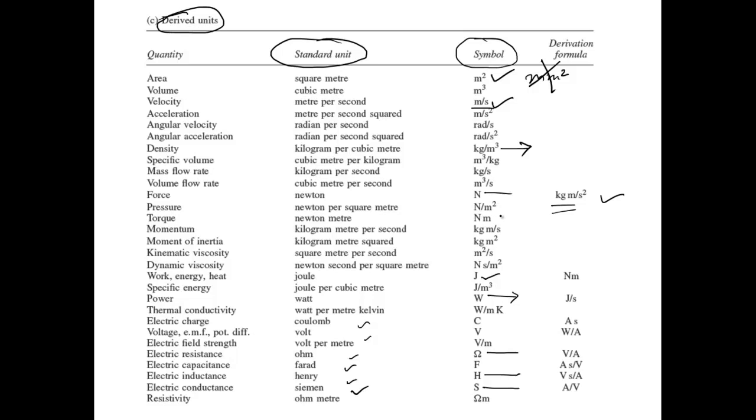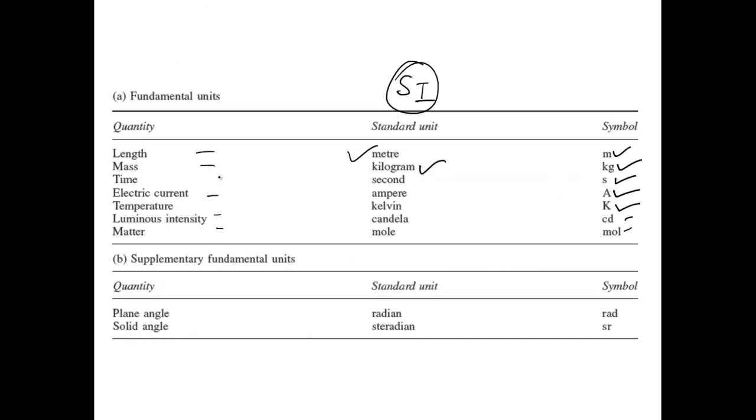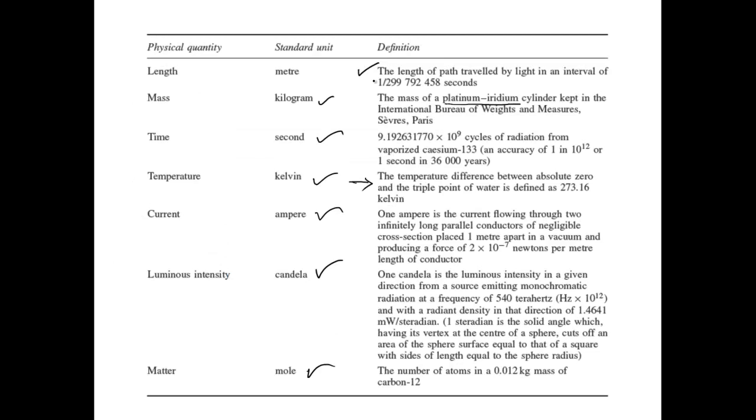All right. So we have seen that there are some standard definitions, the standard units are defined, and then we have symbols defined, and also we have standard definitions for length, mass, time, all these physical quantities. So obviously this is how they are defined.